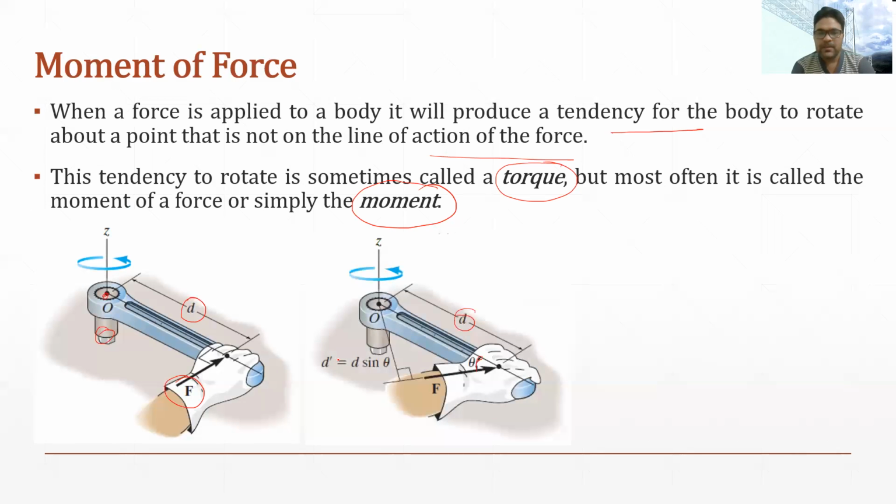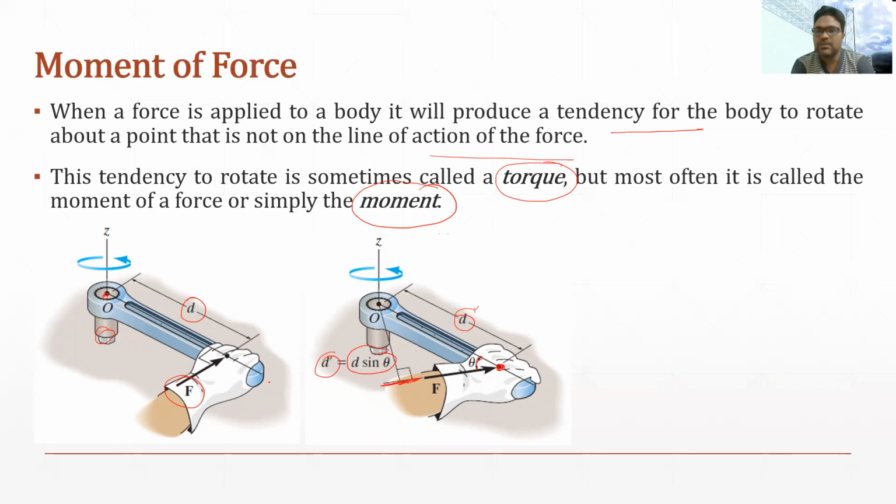Now you can see this d dash. If we apply force at any other angle, the distance between this point and this point is obviously d, but the line of action of the force may have a distance other than d, and that distance will be known as d sine theta.